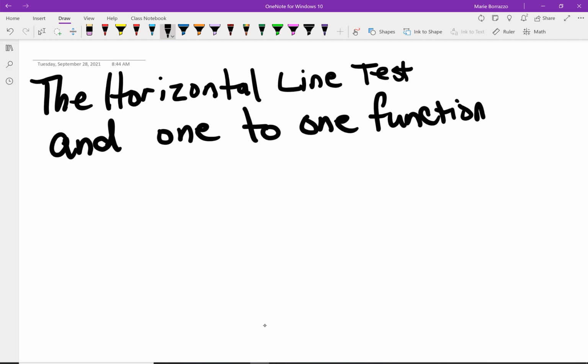So in essence, this is the definition of the horizontal line test for inverse functions.